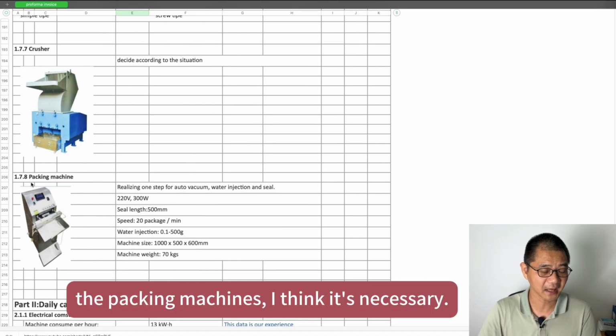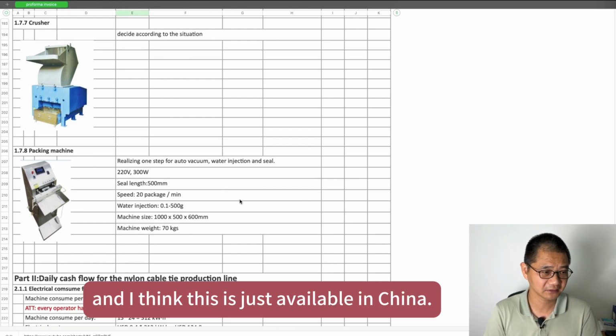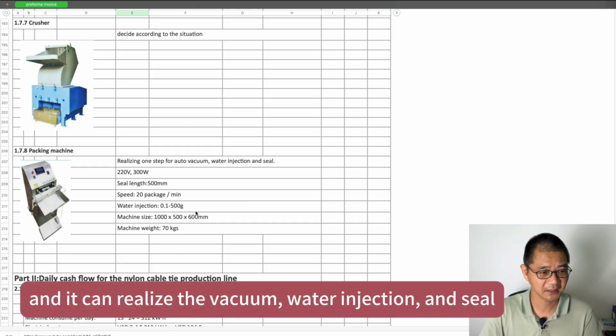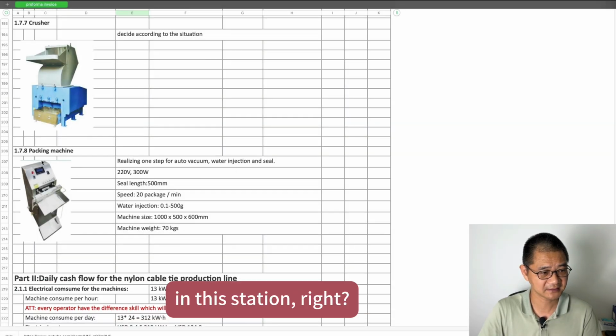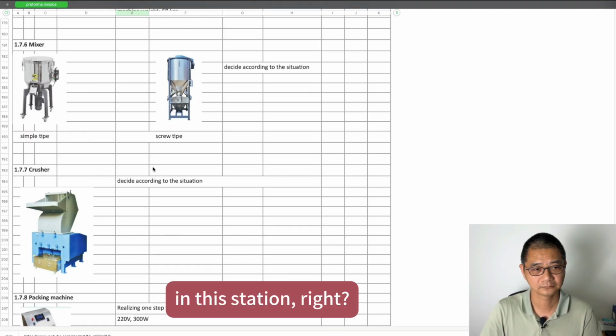The packing machine, I think it's necessary, and I think it is just available in China. It can realize vacuum, water injection and sealing in these stations, right?